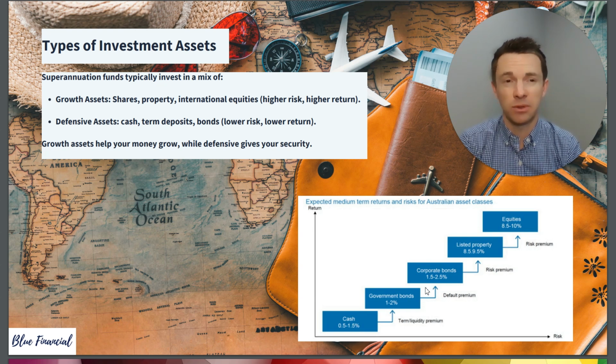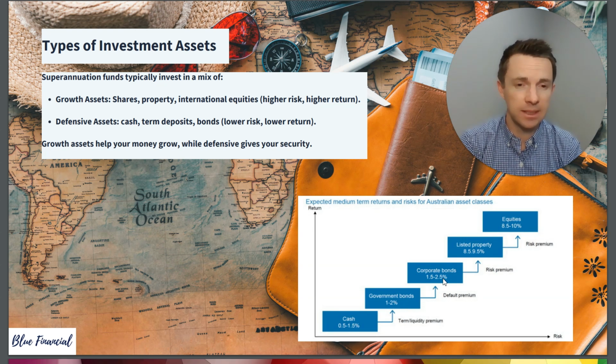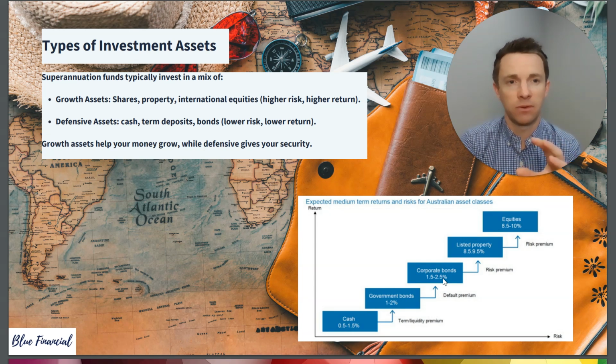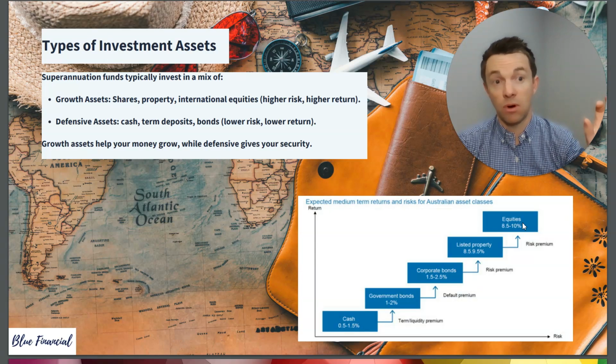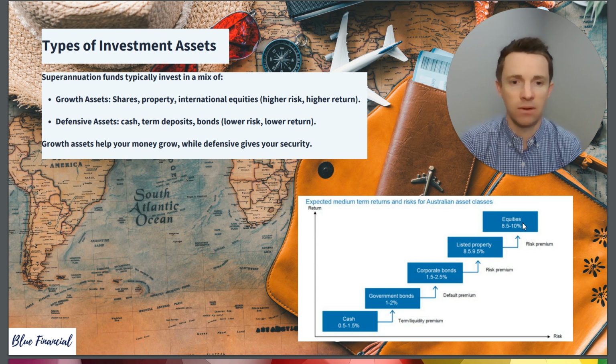You can expect returns of 1 to 2.5% from them on average per annum. Bear in mind, this is in an environment of lowering interest rates, so you can typically get a little bit more out of that. And then we've got listed property and equities, which is shares. They're the two growth assets, anywhere from 8.5% to 10% return on average each year from those.